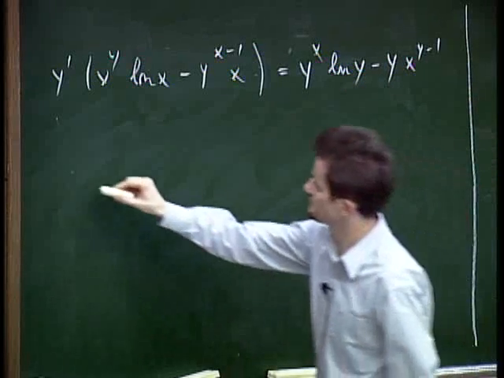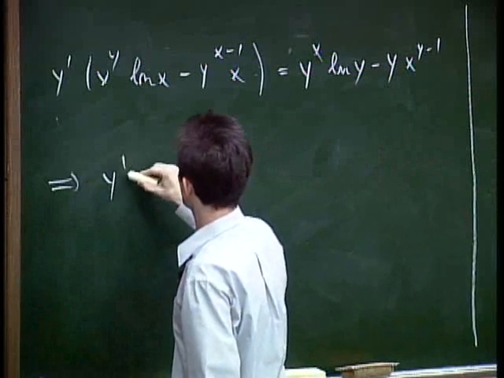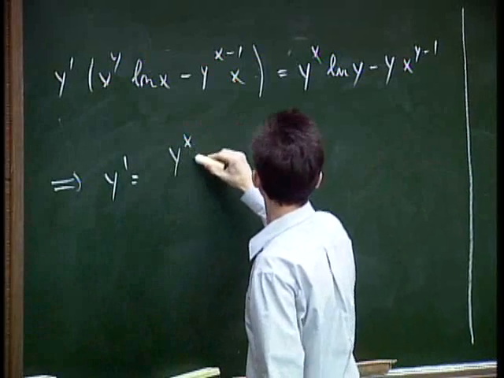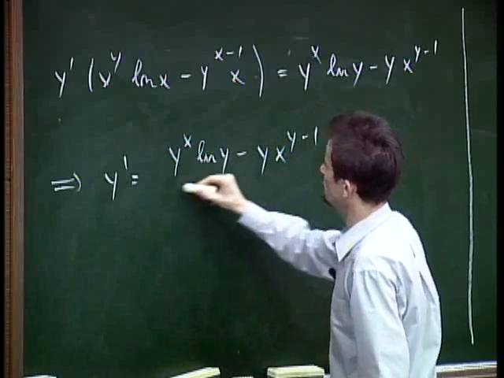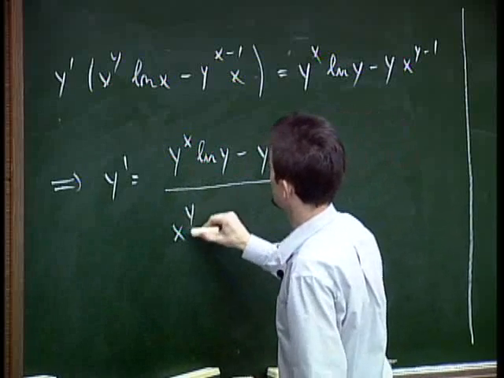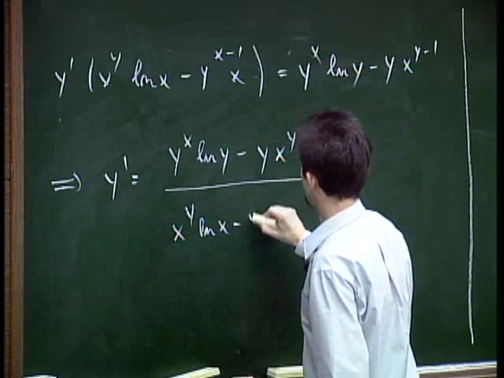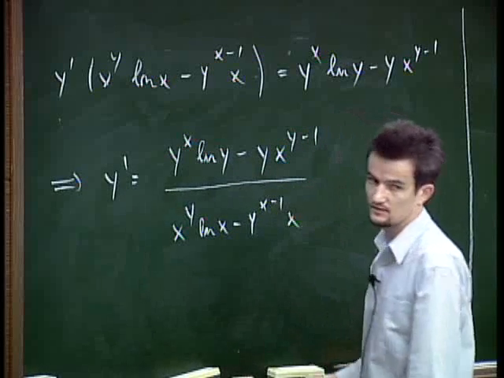So you see that the derivative of y is equal to y to the x ln y minus y x to the y minus 1, over x to the y ln of x minus y to the x minus 1 x.